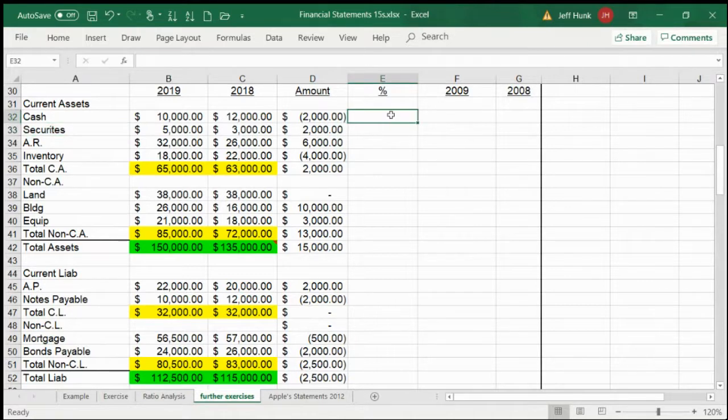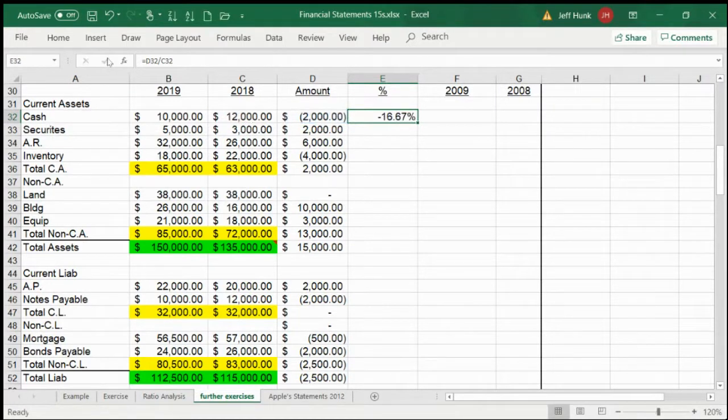So percentage changes. Think about it. There was a $2,000 decrease from the base year. You're comparing it to the base year, isn't that right? So the decrease of 2,000 over the base year amount.